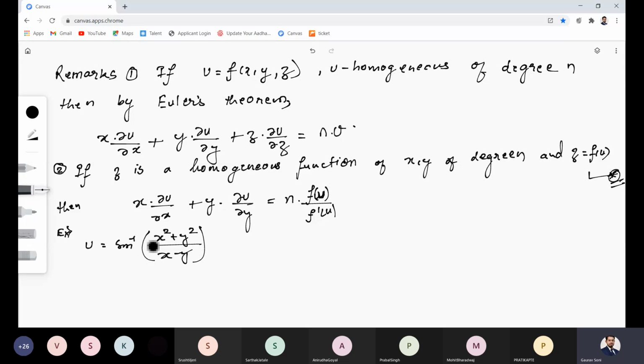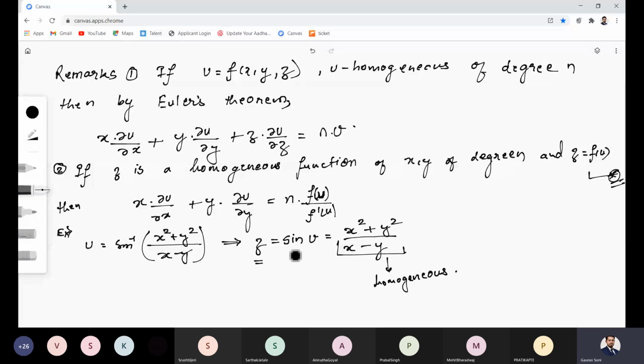You can see that you will get x in the numerator which cannot be taken outside. But I can make certain changes in this. How can I change this? I can write this as sine u is equal to x square plus y square upon x minus y. So this part is homogeneous here. And I can call this z. So z is equal to f of u is equal to homogeneous of degree 1.